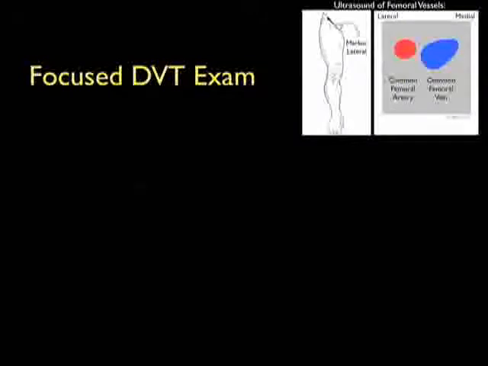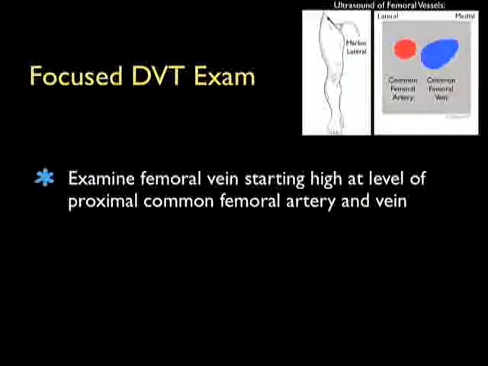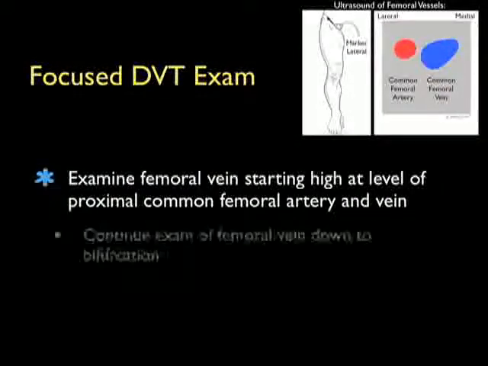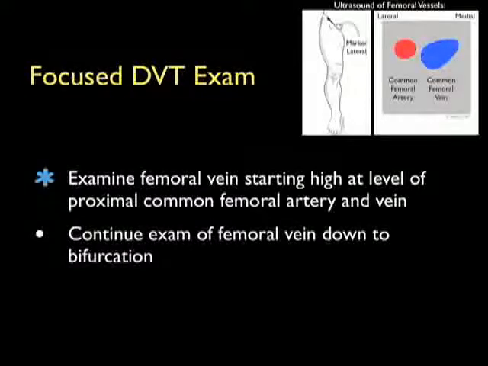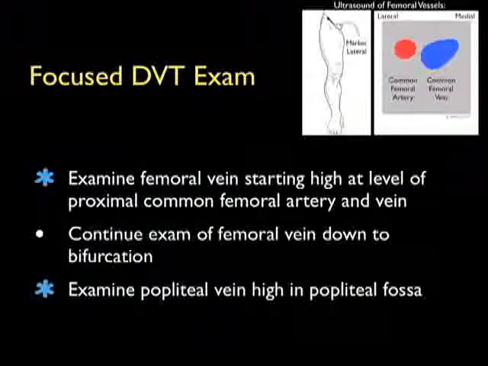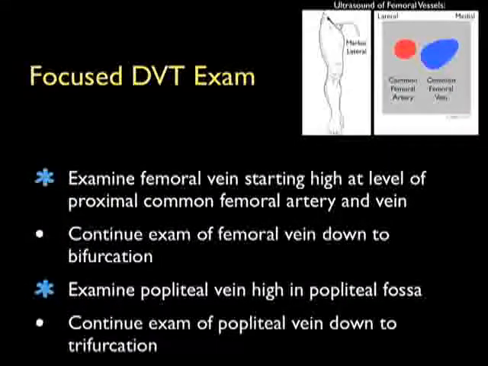That leads us into the concept of the focused DVT exam as being an optimal means for evaluation for DVT at the bedside. In the focused DVT exam, we'll begin by examining the femoral vein, starting high at the level of the proximal common femoral artery and vein, just below the inguinal ligament. We'll continue the exam of the femoral vein down about 4 to 5 centimeters through to bifurcation of the vein into the deep and superficial femoral veins.